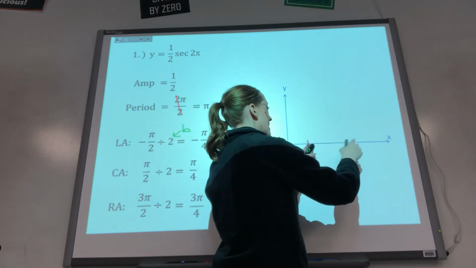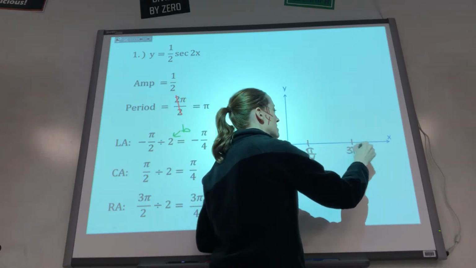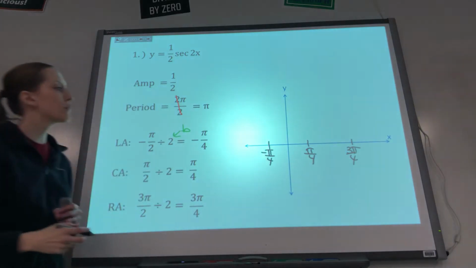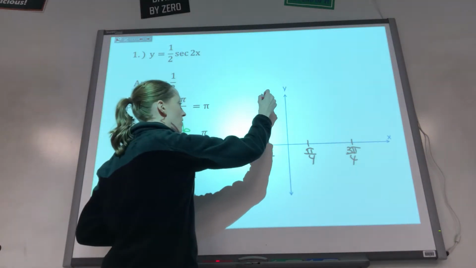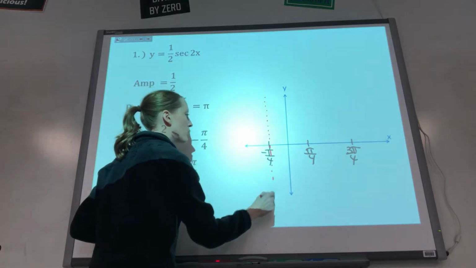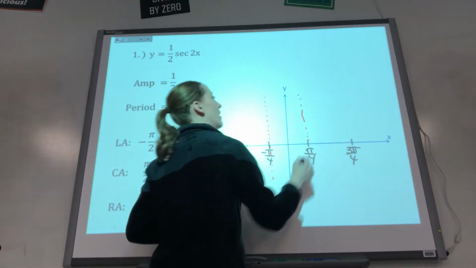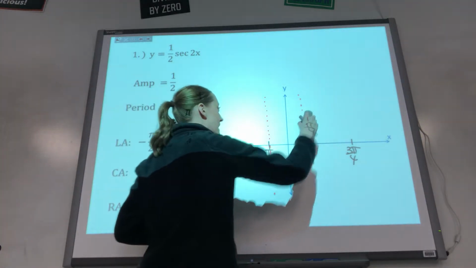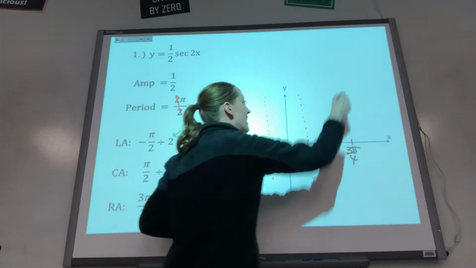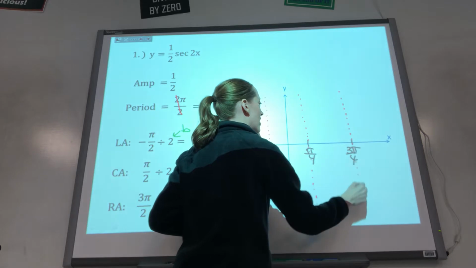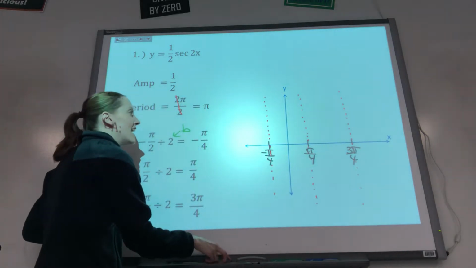That distance, keep that about the same to label your 3 pi over 4. All right, here comes one vertical asymptote. Got a little crazy with my dots there. Here comes another vertical asymptote, and there's the last one.